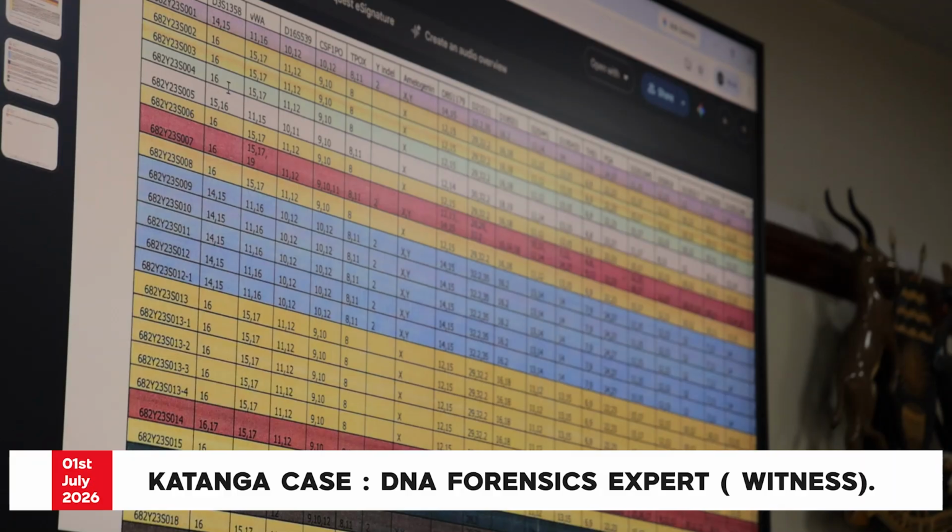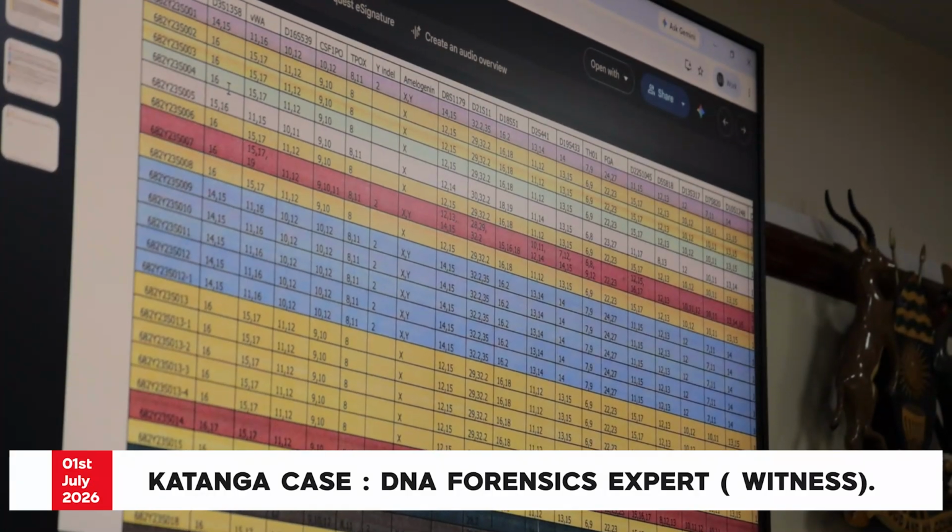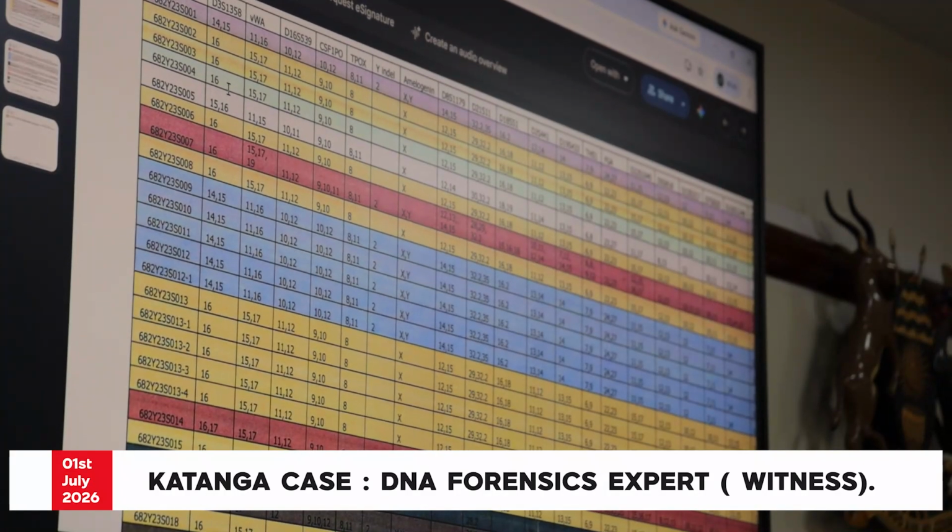So basically, when you talk about a DNA profile, if her DNA profile is 16, 15, 17, 11, that's what you mean by a DNA profile, a series of numbers. That's correct. A DNA profile is merely a sequence of numbers. So if I say that I found Mole Katanga's DNA profile on this microphone, what does it mean?